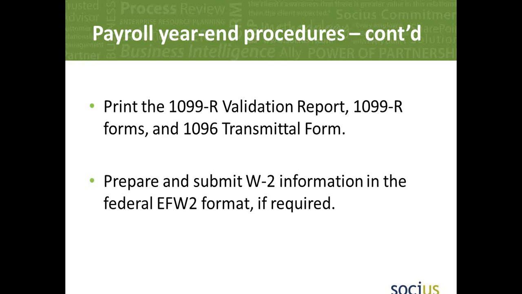Those are the retirement forms. And GP now has, in GP 2013, the 1096, which is the 1099 transmittal form, right? Christopher? That sounds right, yes. Yeah, I believe it is. It's new this year, with 2013.